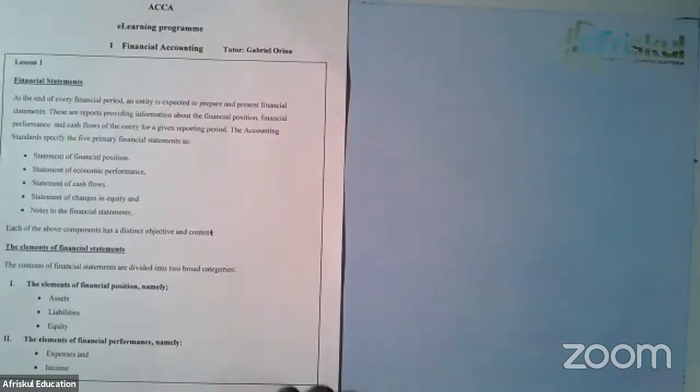Okay, so there we are. We have the financial statements that I outlined shortly, and then the elements of these financial statements. The elements of financial statements, beginning with the statement of financial position, that's the assets, liabilities, equity.